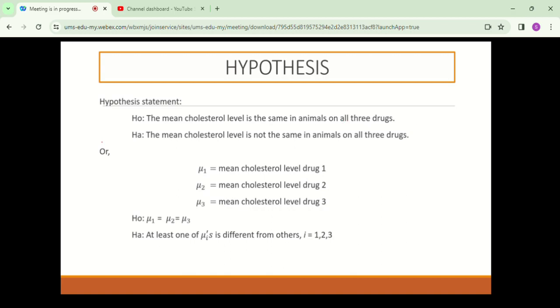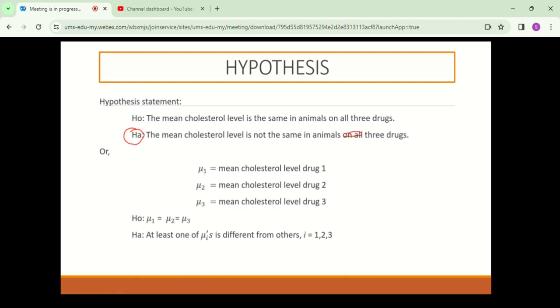And the alternative hypothesis statement will be: the mean cholesterol level is not the same in animals. This is incorrect. It's not the same in animals at least on one of the 3 drugs, not on all.